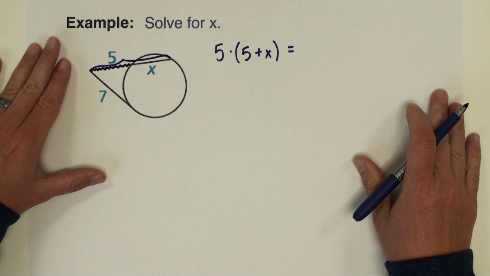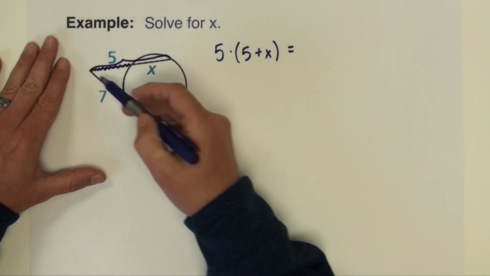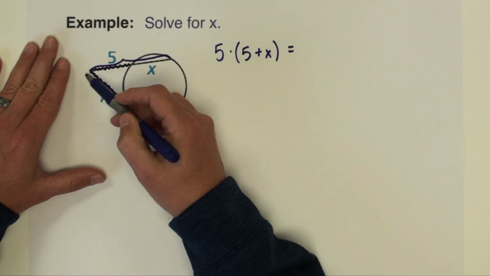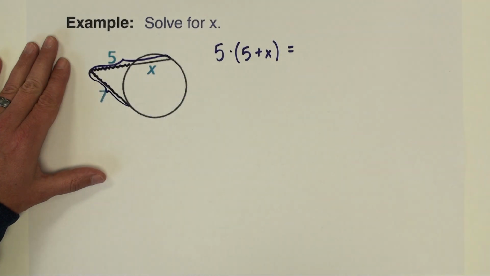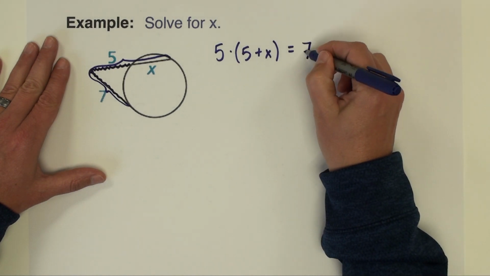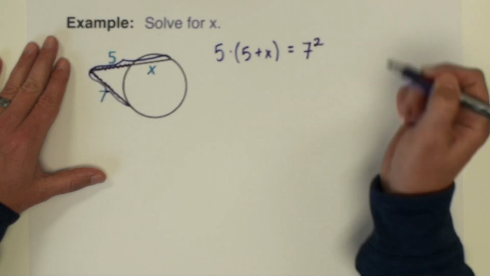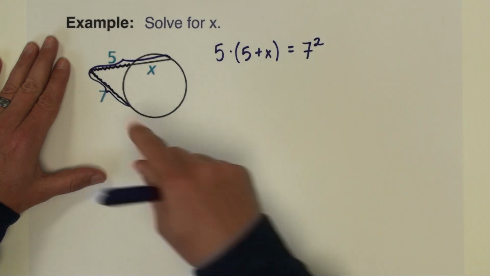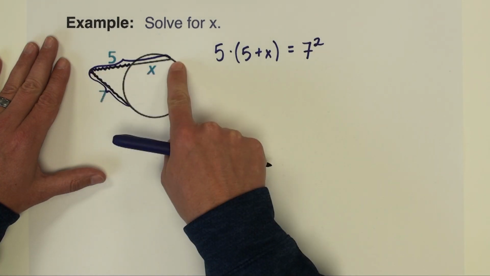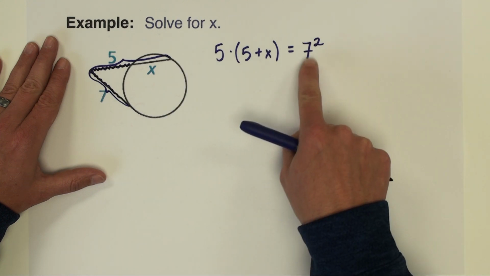And I'm going to equal that to, now here I just have a tangent piece, so I'm going to take the outside piece times the whole thing, which just ends up being 7 times 7, or as the formula wrote on the other slide, 7 squared. But you can think of it as outside times whole thing to get 7 times 7.